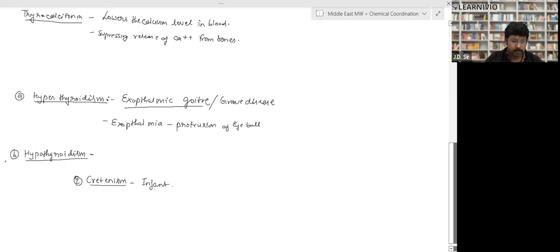Slow body growth and mental development. Reduced metabolic rate.